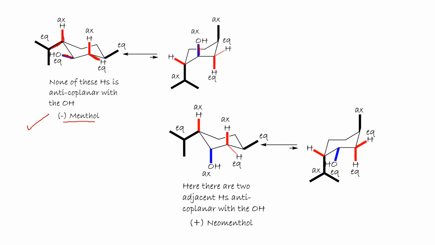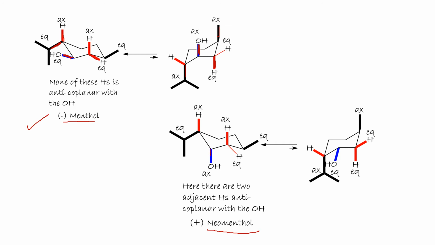If we flip it, that will be axial, axial, axial, and that is not stable. So yes, we can see here that we have anti-coplanar OH with alpha hydrogen in here, but that's not stable.